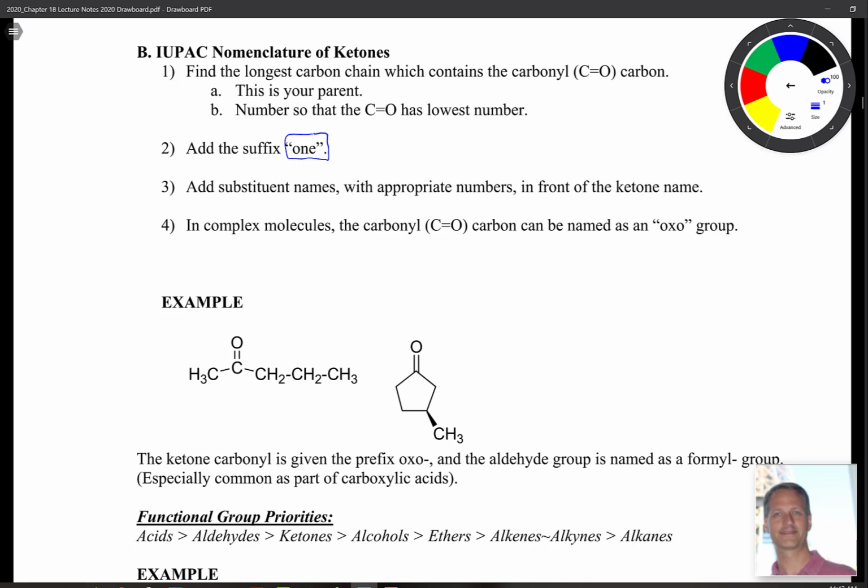Substituent names, E/Z, R/S, whatever else needs to be done. And just like before, if there's a higher priority functional group in the molecule that we're naming, then that carbonyl group of a ketone becomes an oxo group. And we'll look at an example of that down below in just a minute.